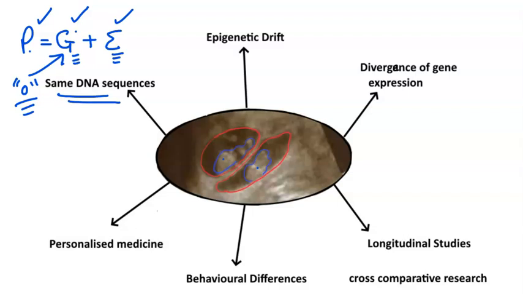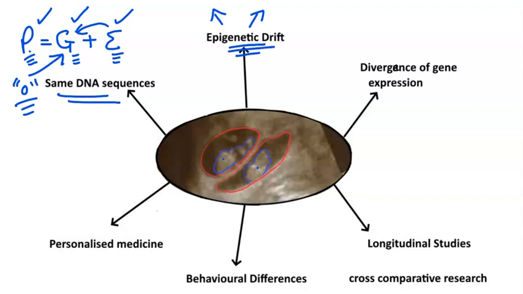Two monozygotic twins will both experience the environment in a different way. As the environment begins to affect the genotype, it does so differently for each of the twins, and so they begin to drift apart, as it were, phenotypically, and we refer to this as epigenetic drift.